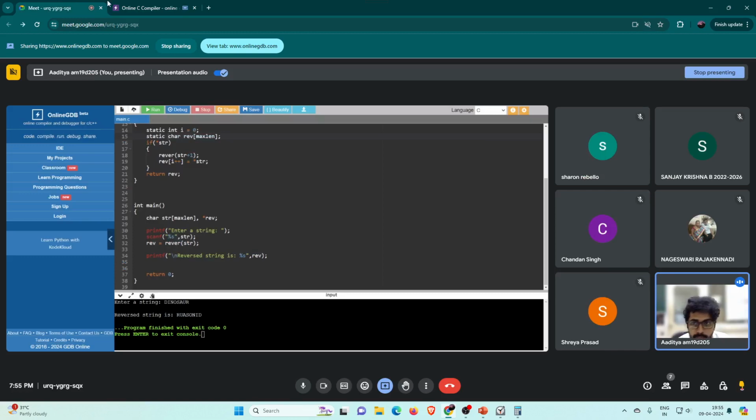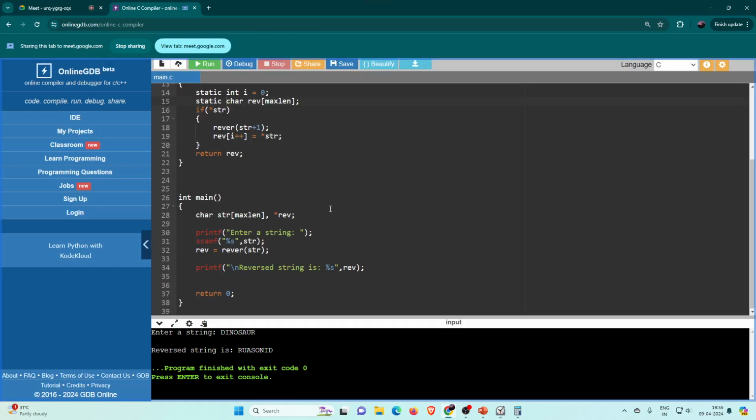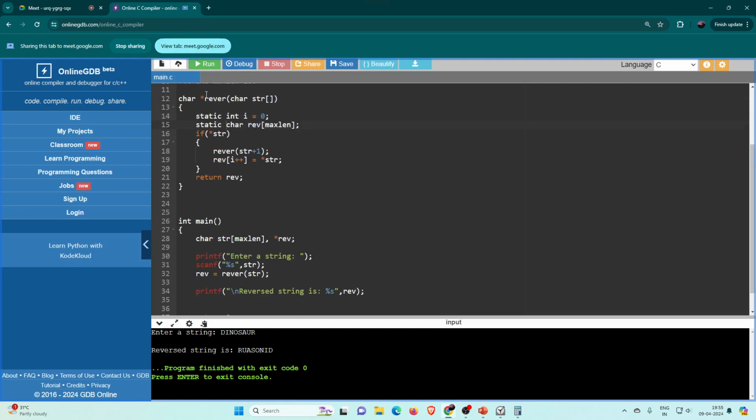So what is going on here? First, I have defined a function, char rev, to reverse my string. I take this string as input, and since it is a dynamic function, whatever I don't want to change much, I'll define as static int and static char. This rev is what I am returning. If star str means if the starting address of the string is not 0.